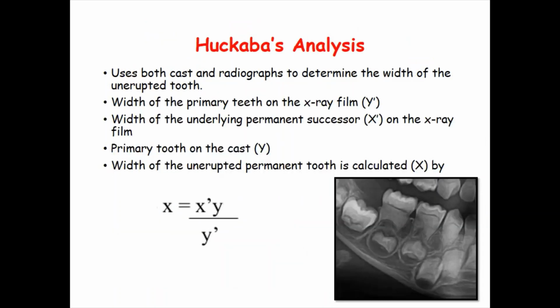Next we move on to Huckaba's analysis, which uses both the cast of the patient and the radiograph to determine the width of the unerupted tooth.